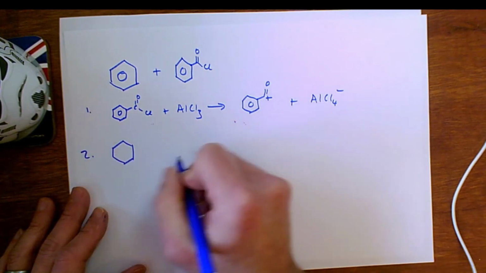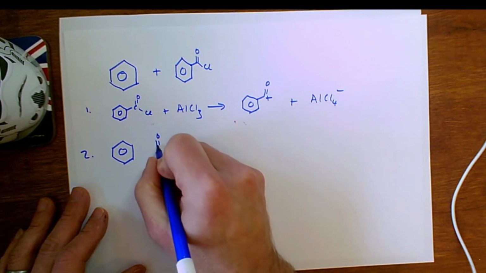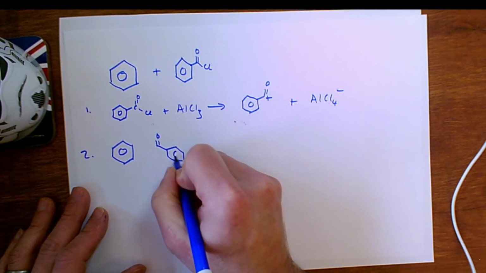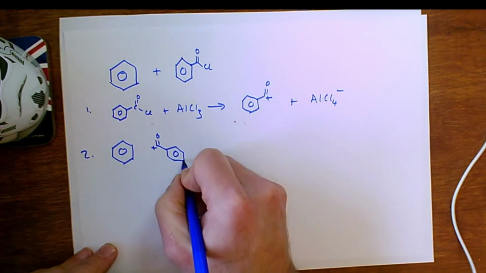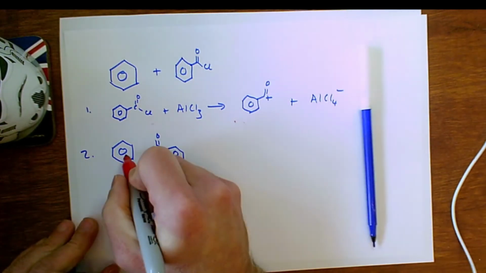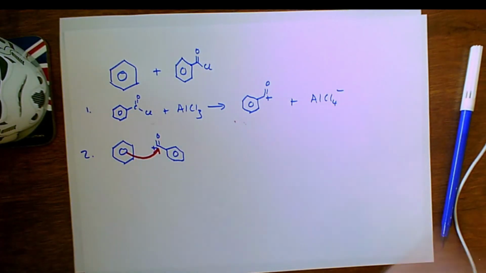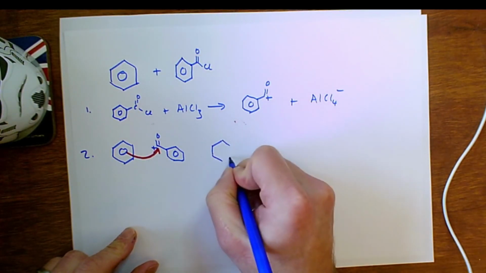Step 2, my mechanism. There's my benzene. I'm going to change my rotation a little bit here. That's got a positive charge. Get my red pen out. Drop that with there. This is going to come in here. We're going to form a new bond. So I have one benzene ring.